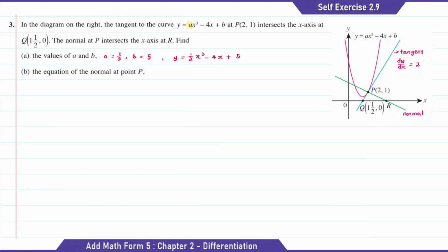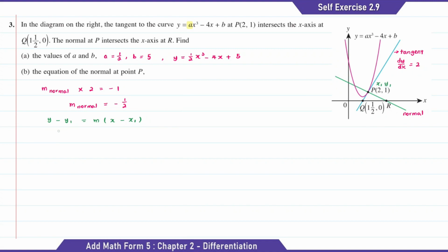Question B. Find the equation of the normal at point P. From question A, we already found that the gradient of the tangent is equal to 2. When the gradient of the normal multiplies the gradient of the tangent, which is 2, the answer is negative 1. Then the gradient of the normal is negative 1 over 2. We're going to let the coordinate P here be (x1, y1).